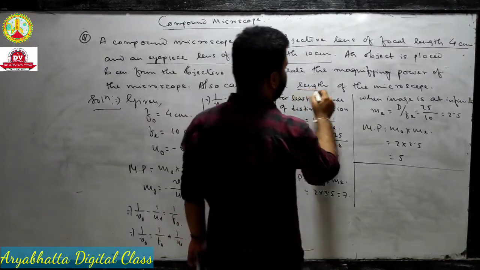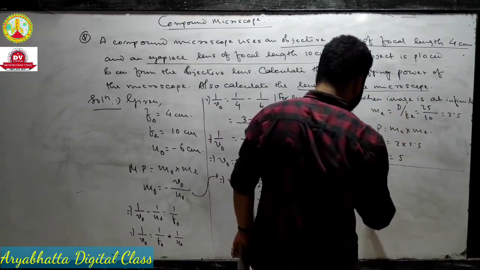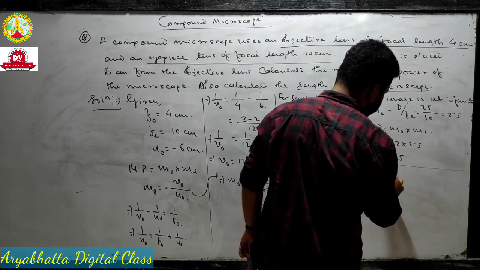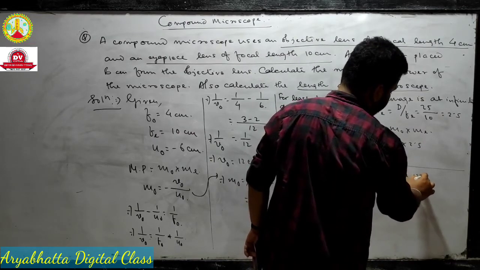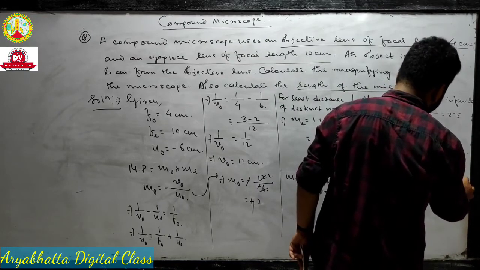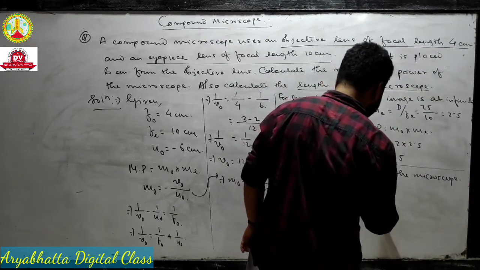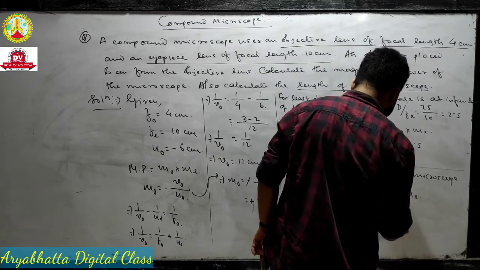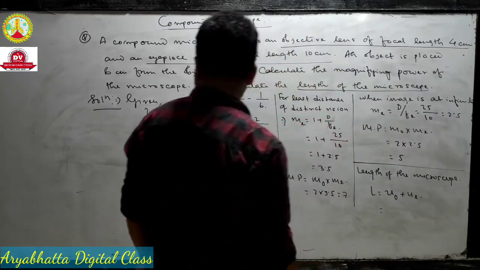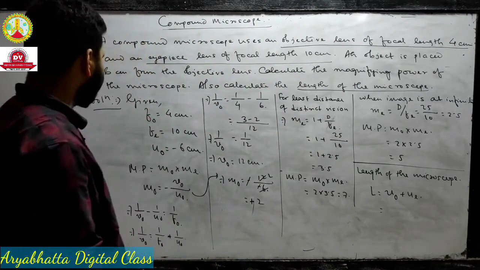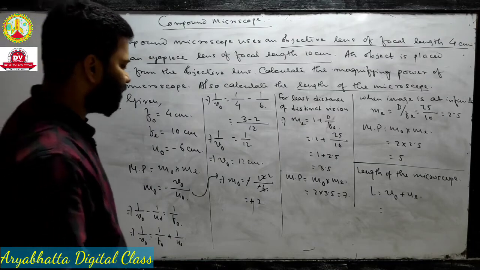Also calculate the length of the microscope. The length of the microscope L is equal to V naught plus UE. So what is V naught?